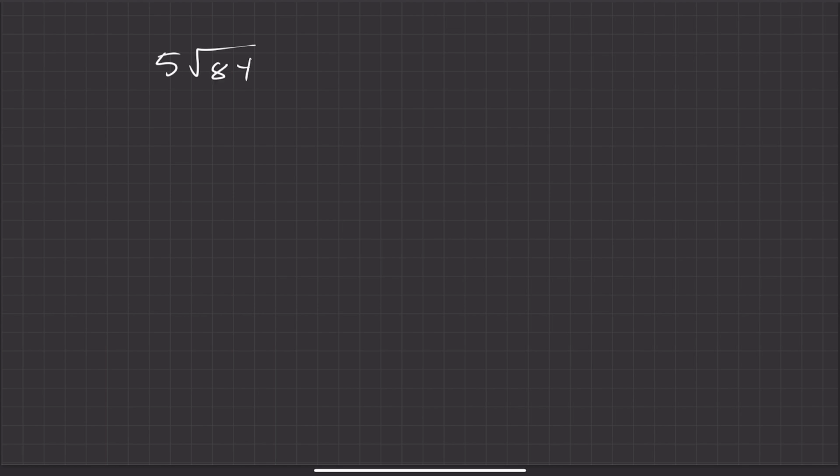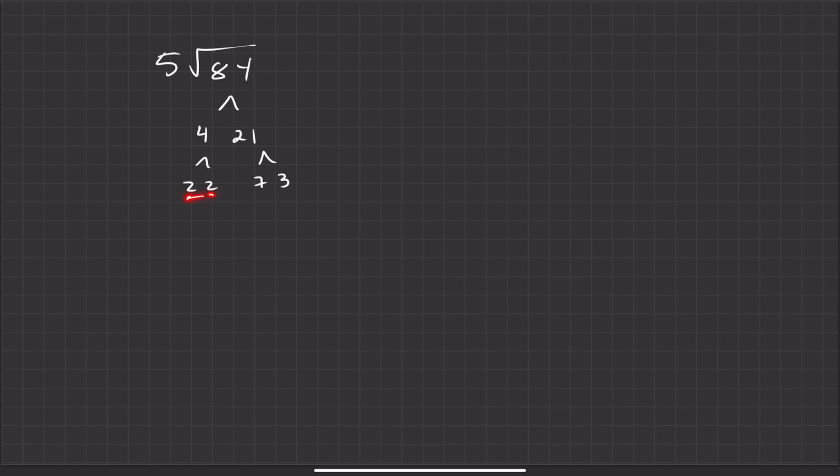So I'm going to do the buddy system method, the factor tree method. I think of 2 numbers that multiply together that'll give me 84. That's 4 and 21. And then this 4 can be broken down to 2 and 2. And then this 21 can be broken down to 7 and 3.